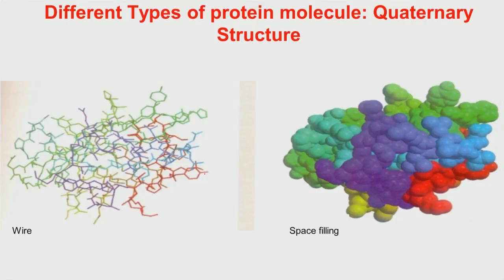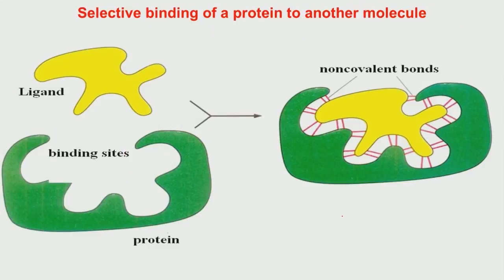People do a lot of experimental study and complement it with computational study, to understand the protein structure at different length scales and how it evolves, and what the most stable configuration of a protein molecule is, which is certainly beyond the scope of this module discussion. However, let me also tell you that protein structure at the higher level can be described by wire modeling as well as the space filling model, and this has been shown here.